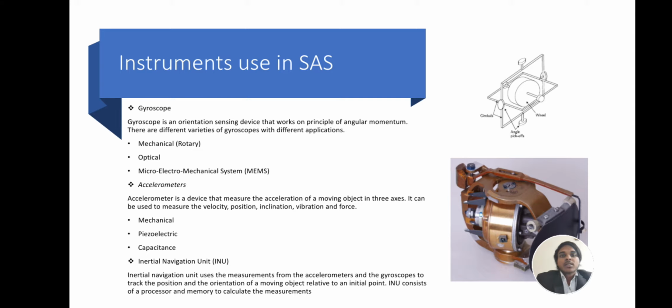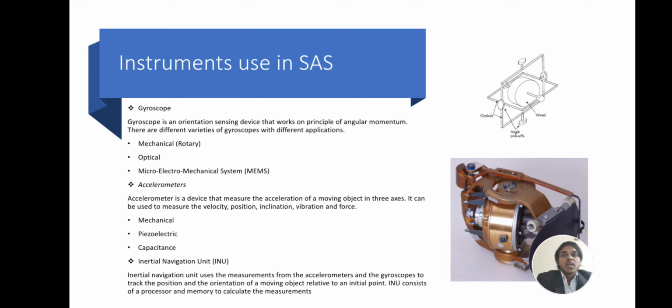Now let's look at the accelerometers. Accelerometers also have three major varieties, which are mechanical, piezoelectric, and capacitance. Mechanical accelerometer is a simple mass damping system, and the other two are MEMS accelerometers.